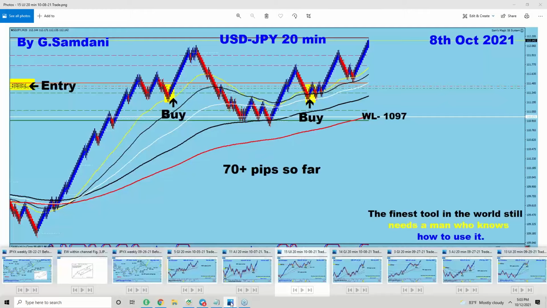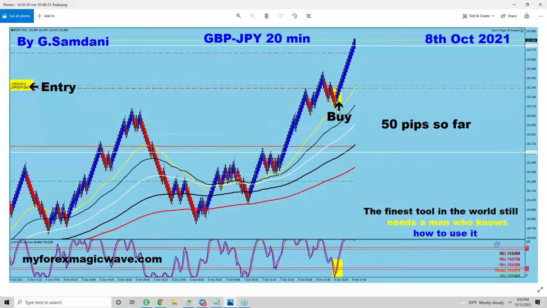Also on the last day, October 8th, pound yen, one more for 50 pips. So from September 27 till October 12, you saw 7-8 trades, all yen pairs. I had so many other trades though, but they all went up.